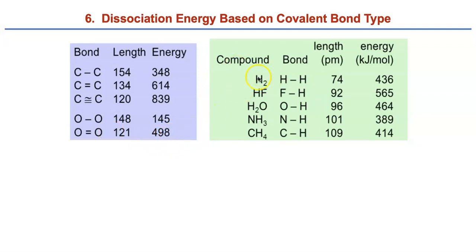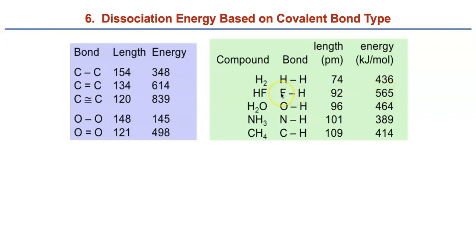And let's look at H2. The hydrogen-hydrogen bond length is this much, and here's the bond energy. And if you have hydrogen married to a very electronegative fluorine atom, look what happens to the bond energy. It goes up high.